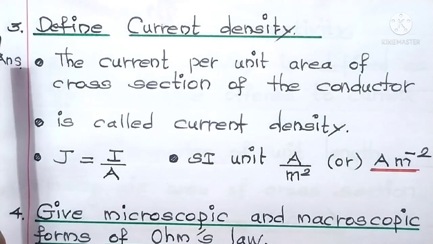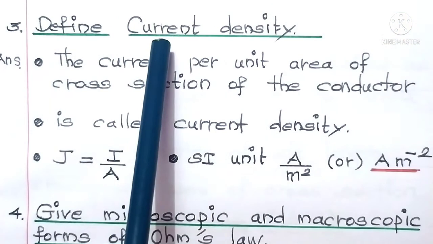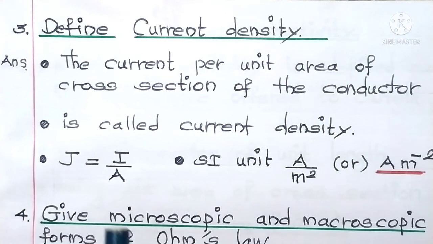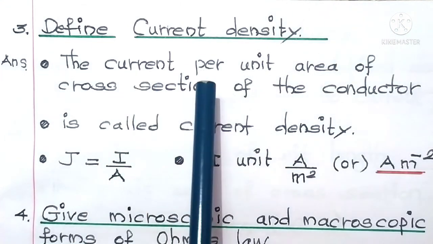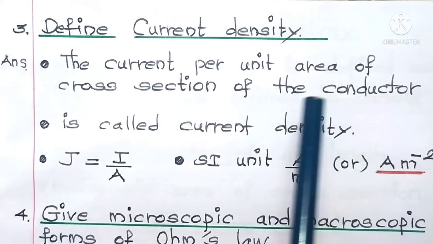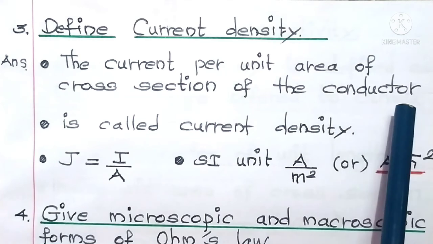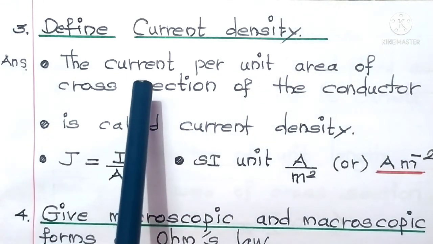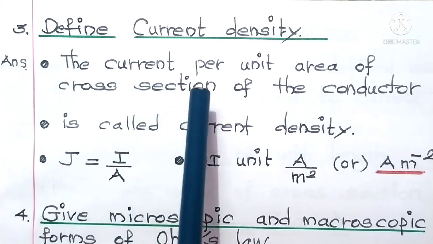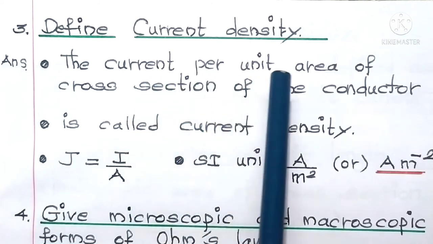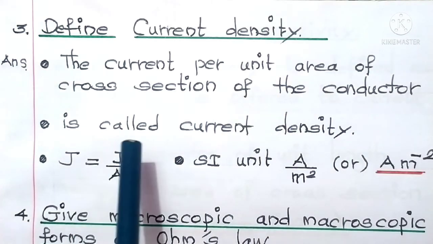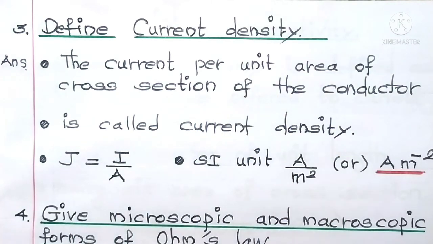Question number 3. Define current density. Answer. The current per unit area of cross section of the conductor. It means the current which passes per unit area of cross section of the conductor is called current density.